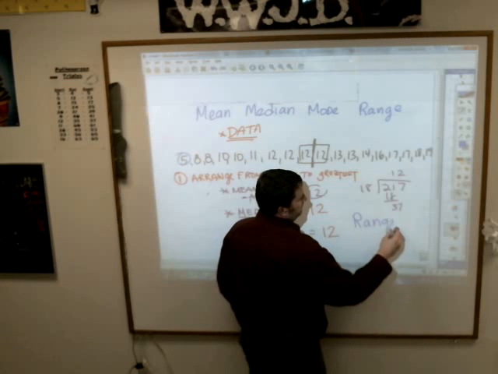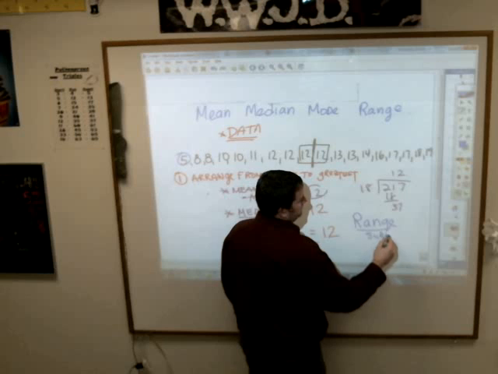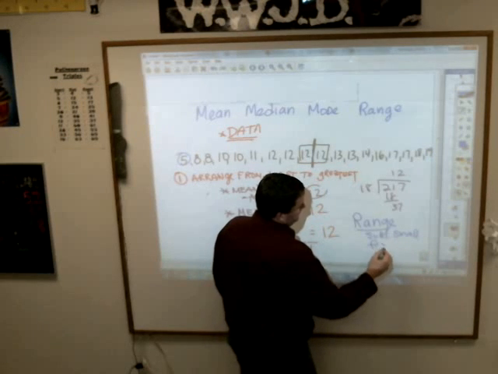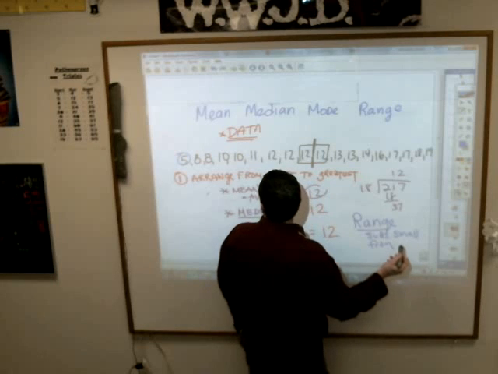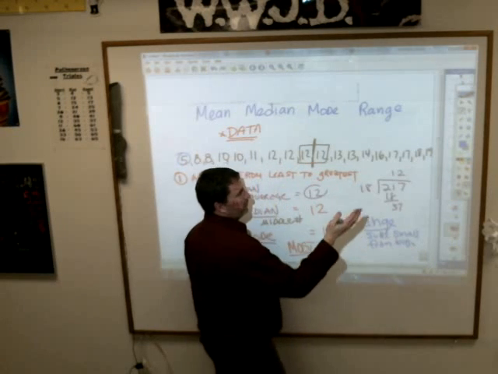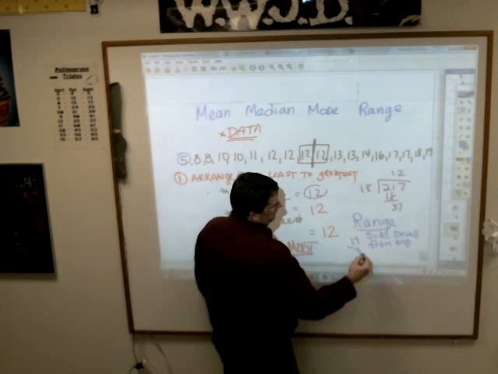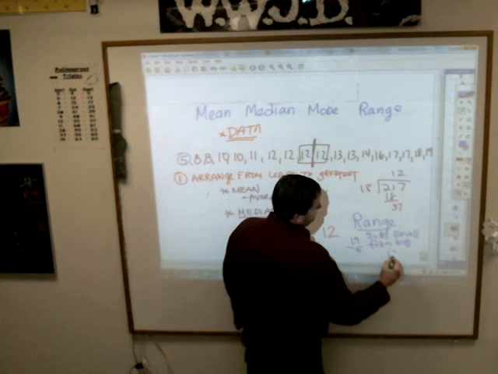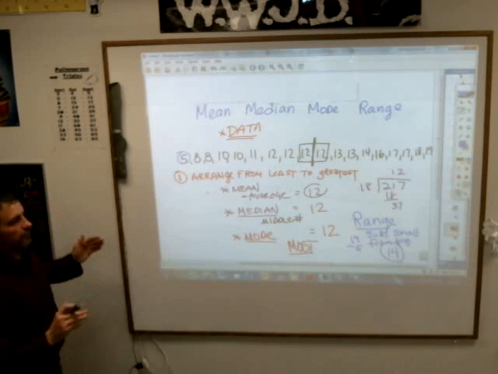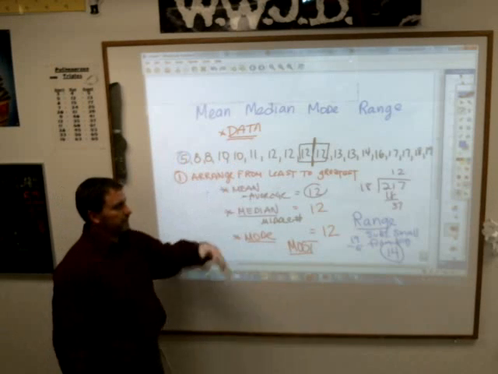The range is nothing more than subtracting the smallest from the biggest. It's not going to be 12, I don't think, is it? Maybe. You want to know the range, it's 19, and you take away 5. This has a range of 14. There are 14 different numbers from the smallest to the greatest. You look at 14 different spaces.